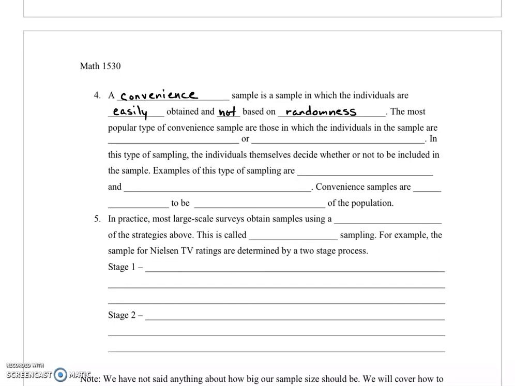So the most popular type of convenience samples are those in which the individuals in the sample are self-selected, or we also call it voluntary response.